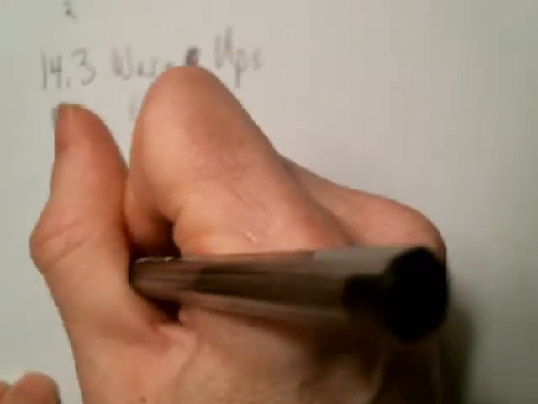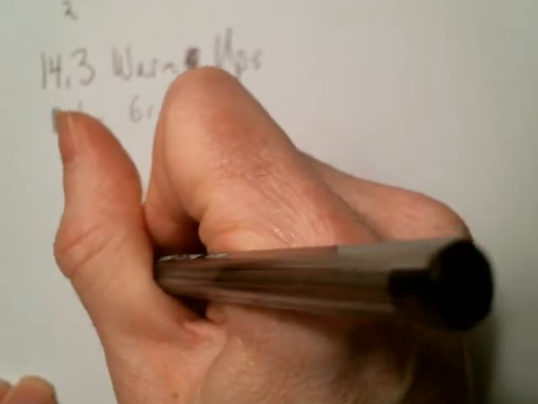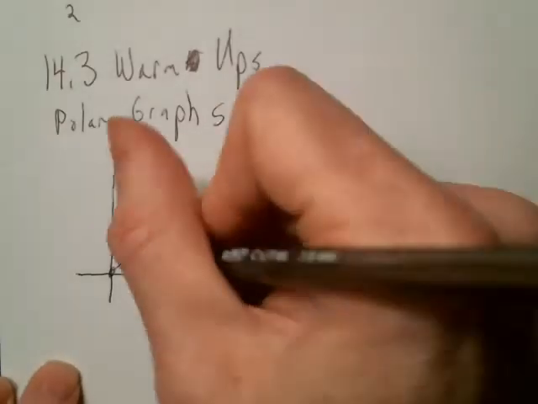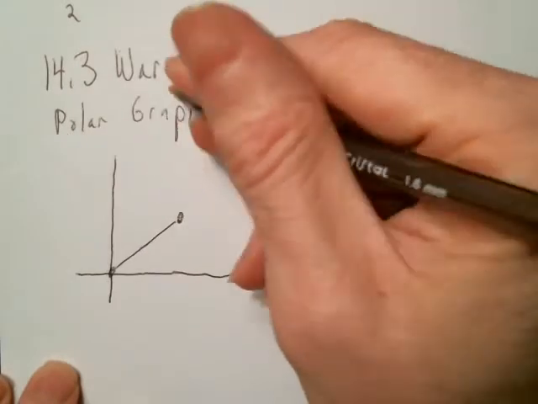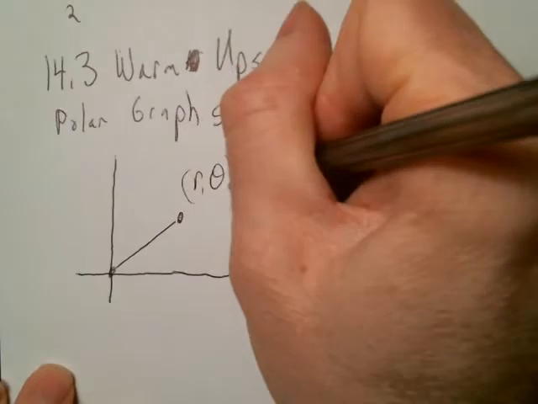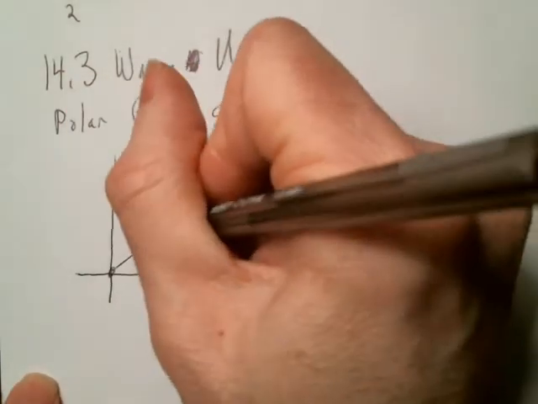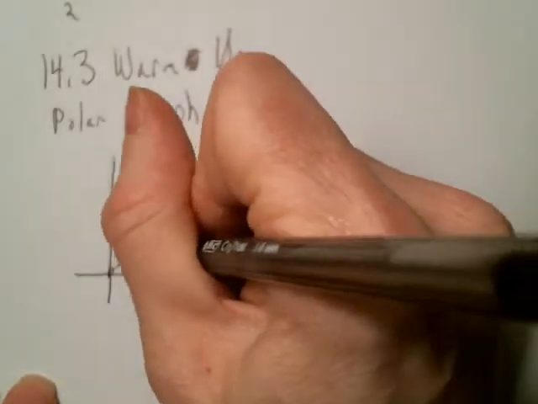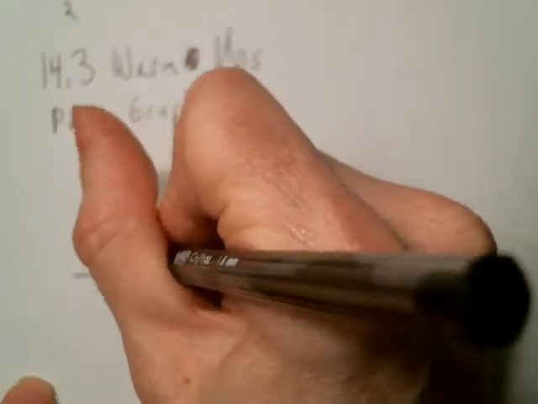And we can look at the xy plane and describe any point in that xy plane with an r and a theta, where r is a directed distance and theta is a directed angle. So this length here would be r from here to here, and then the angle theta is right here.